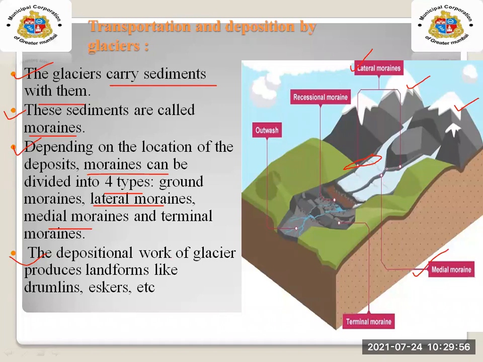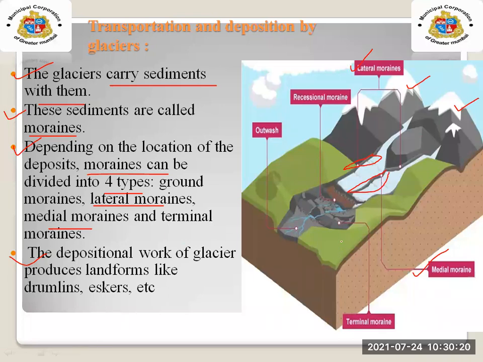Medial moraines means what? In the middle part of the mountain, you can see, if there is one type of obstacle, that is known as the medial moraines. And terminal moraines means what?